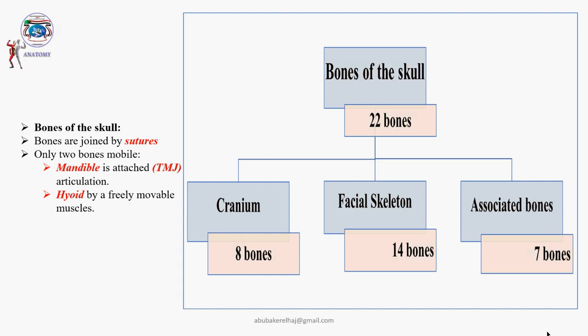Also, according to the anatomical functions of this group of bones, you can divide the bony part of the skull into the cranium, which acts as the brain box, and the facial skeleton, which forms the skeleton of the face.